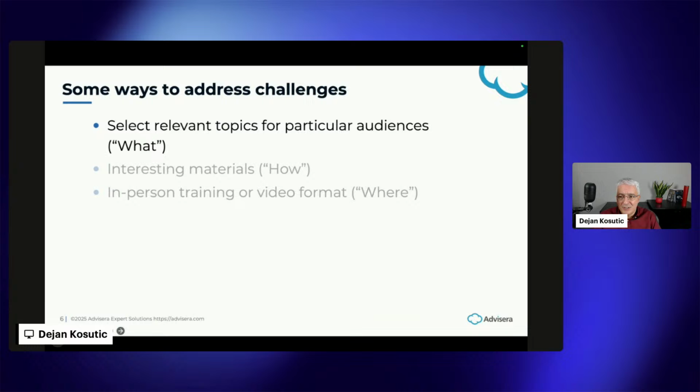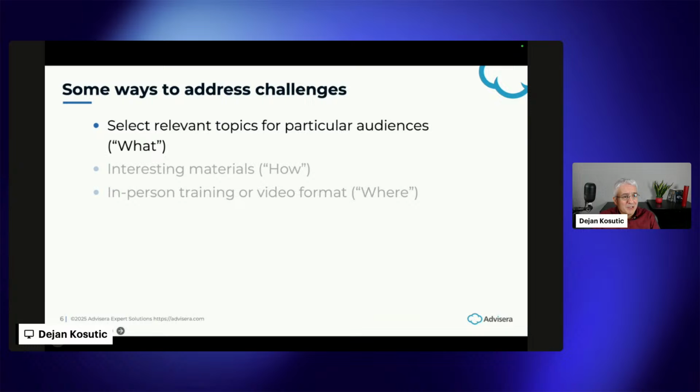Anyway, the first technique is to select relevant topics for particular audiences, because it's very hard to push the topic of, I don't know, top level cybersecurity governance to someone who has nothing to do with setting top level objectives.